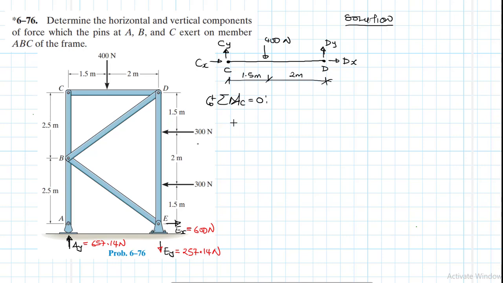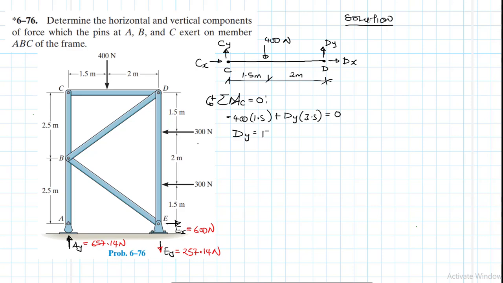I have minus 400 by 1.5, plus DY by 3.5 equal to 0. Therefore, my DY is going to be equal to 400 by 1.5 divided by 3.5.